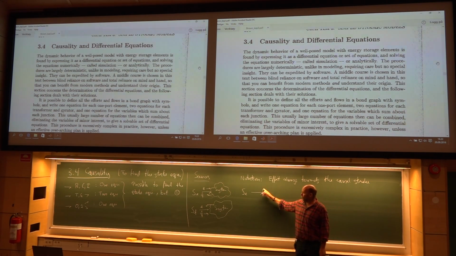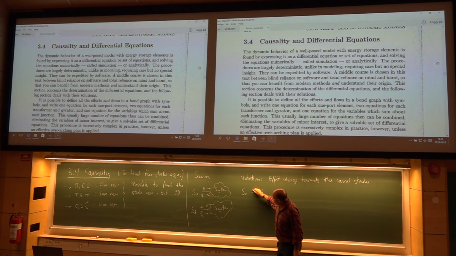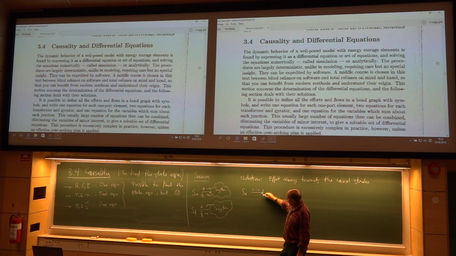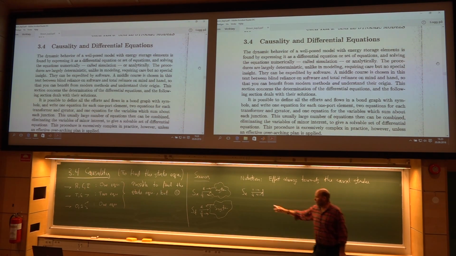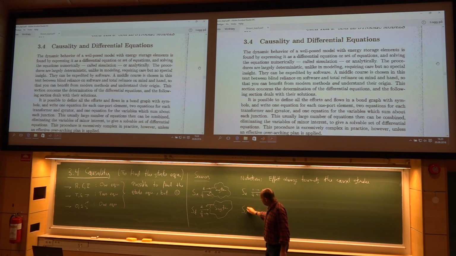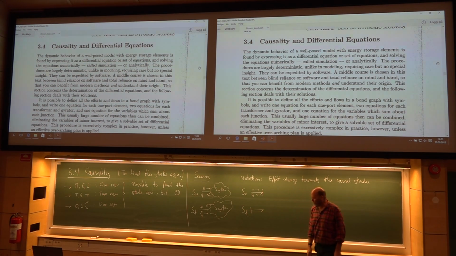So when I set a stroke here, what I actually mean is I have an effort that goes into the stroke, goes into the system, whatever it is that's coming to the right here. And then the system will respond with a flow. But I don't draw these half arrows, I just draw the stroke. For the flow source, it will just be a stroke here.